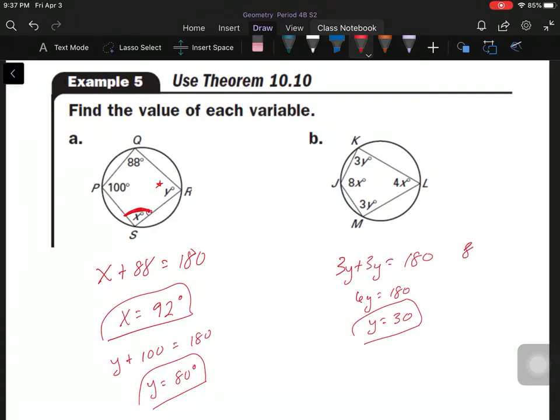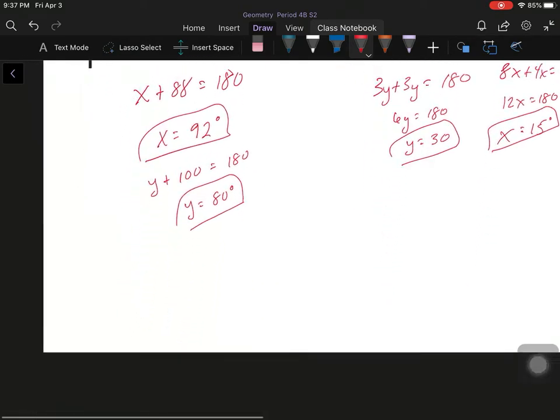And then the other one, 8x plus 4x equals 180. So then 12x equals 180, so x equals, what are we looking at, 15? 10, yep. I should have a calculator handy.